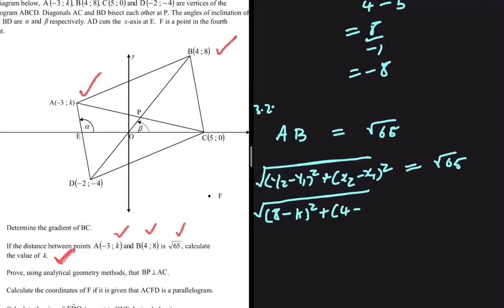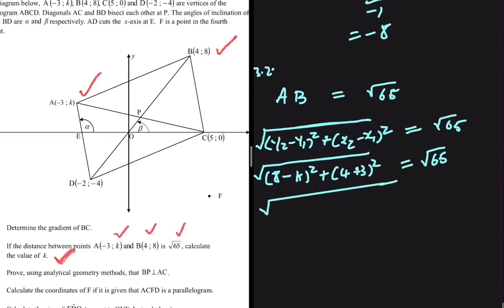So it will be 4 plus 3. We square that, and it is equal to square root of 65. Let's go ahead and solve what is inside the bracket. So we have 8 minus k squared. How do you solve that? What is 8 multiplied by 8? That is 64.